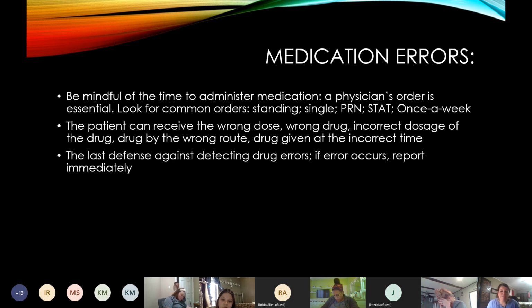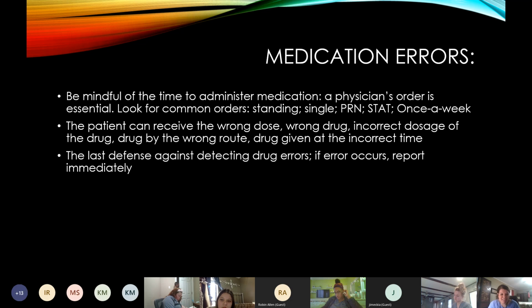So it would say potassium 80 milliequivalents times 1 dose now. That's a single order, or it doesn't even have to say now. It can just say times 1 dose. That is given and it's done. It's not an everyday thing, okay? So that's what a single order is.